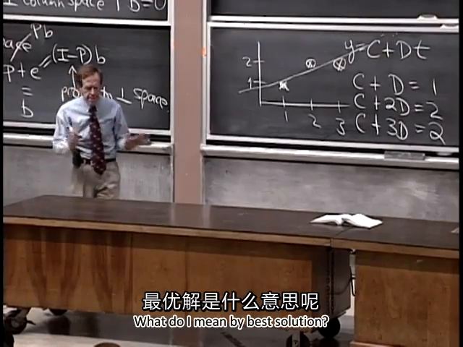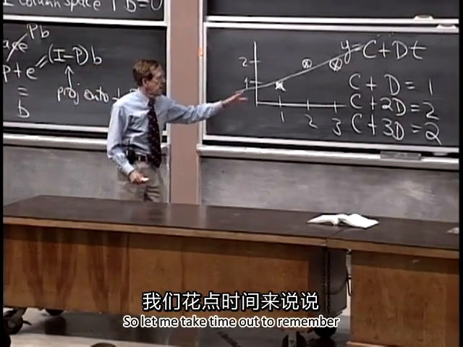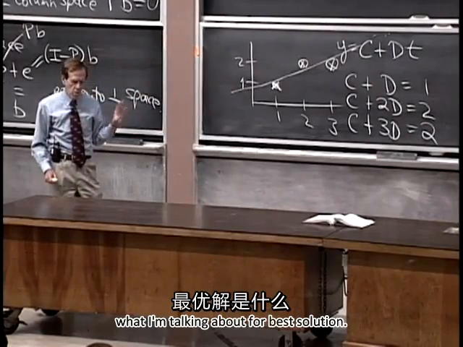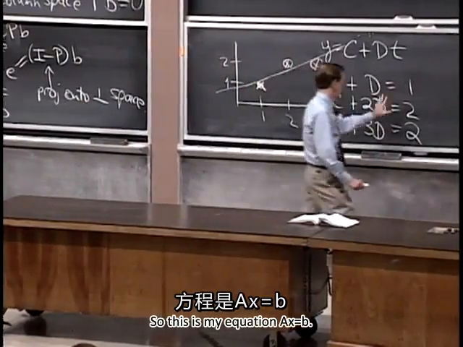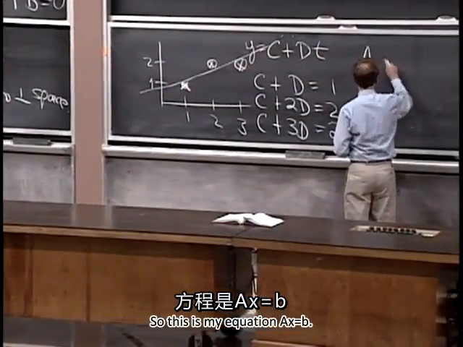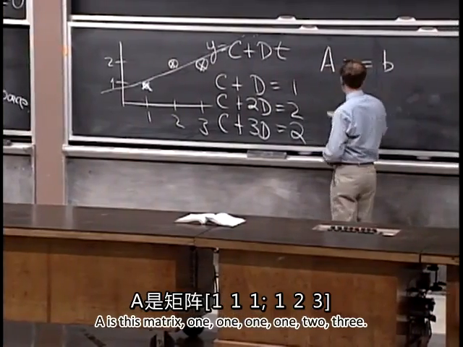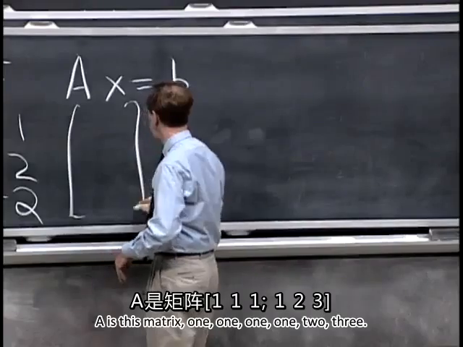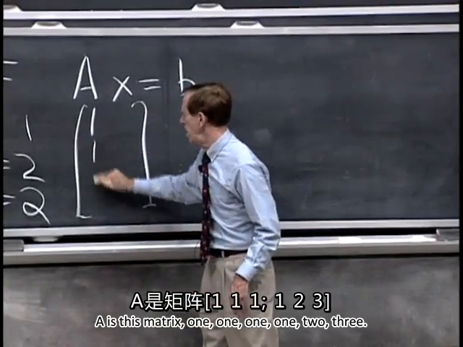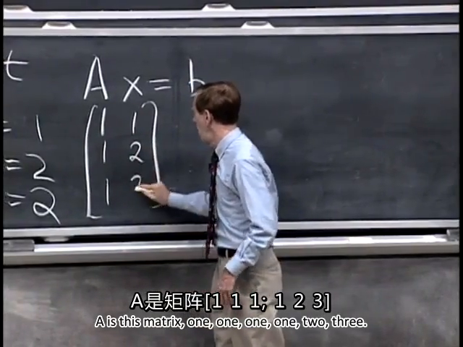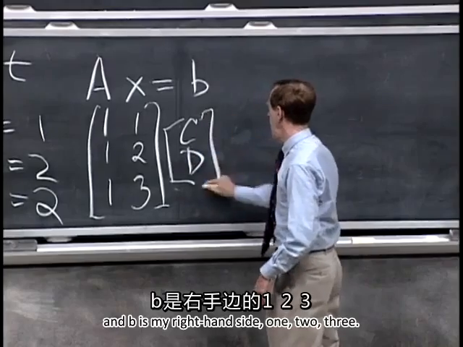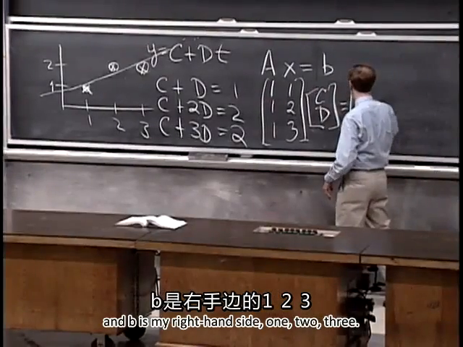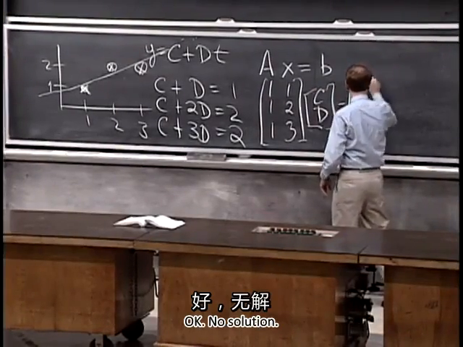And what do I mean by best solution? So let me take time out to remember what I'm talking about for best solution. So this is my equation, AX equals B. A is this matrix, 1, 1, 1, 1, 2, 3. X, I only have two unknowns, C and D. And B is my right-hand side, 1, 2, 2.